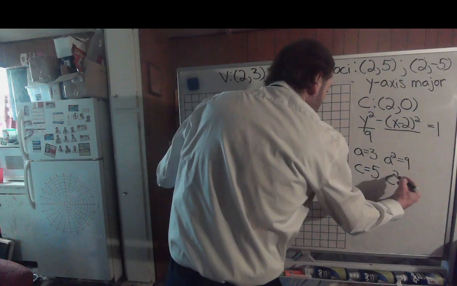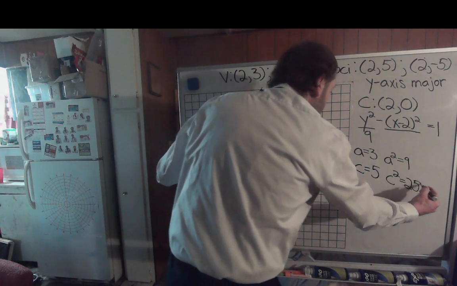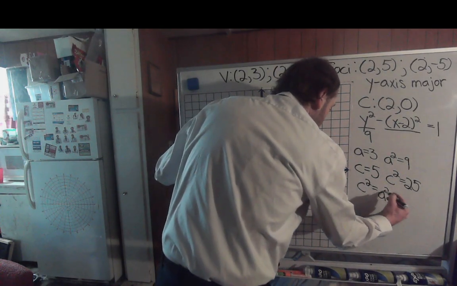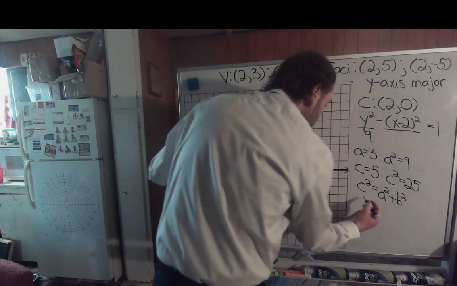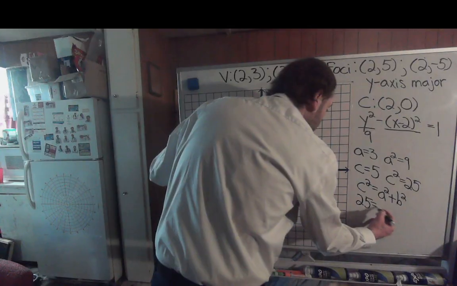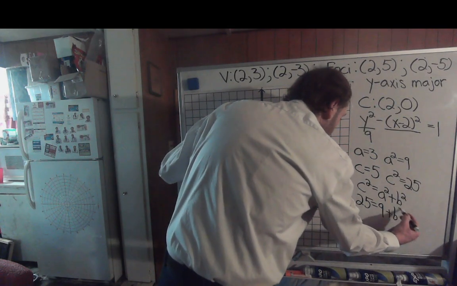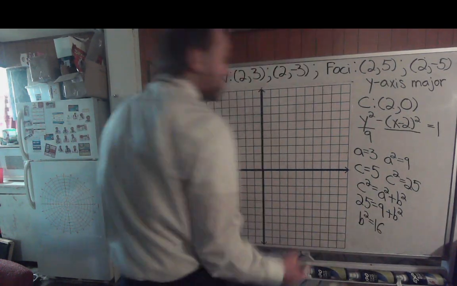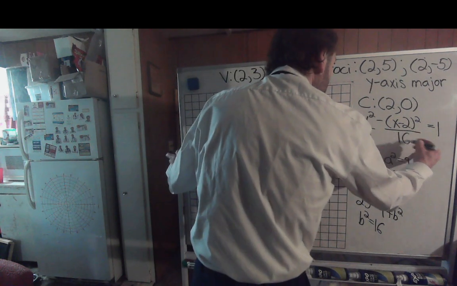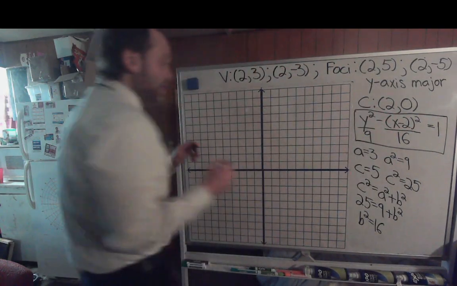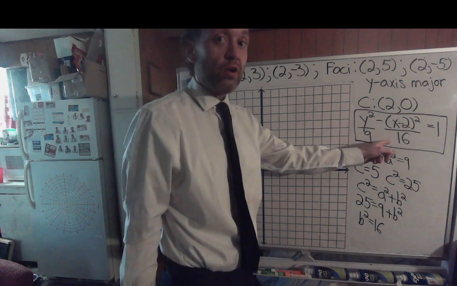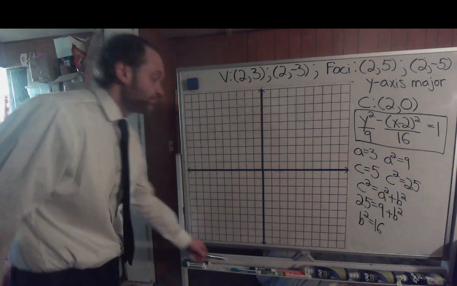That means c squared equals 25. So now we can set up our equation. C squared equals a squared plus b squared. So that means 25 equals 9 plus b squared. So that has to mean then that b squared equals 16, which would have to go below the (x minus 2) squared. So the equation you should get would be y squared over 9 minus the quantity of (x minus 2) squared over 16 equals 1.